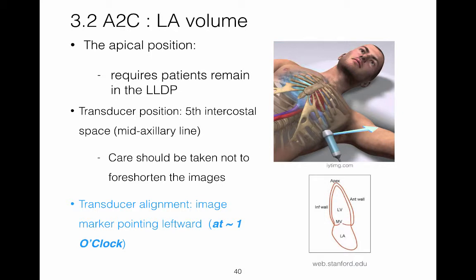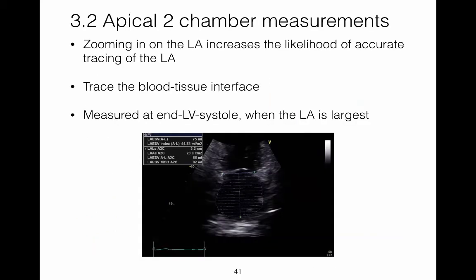Measuring the left atrial volume then requires an apical two-chamber image. Patient positioning, transducer positioning and alignment for apical two-chamber images were described in preceding lectures and are shown on this slide. Once the apical two-chamber image has been optimized, again zoom in on the left atrium for improved accuracy of tracing.